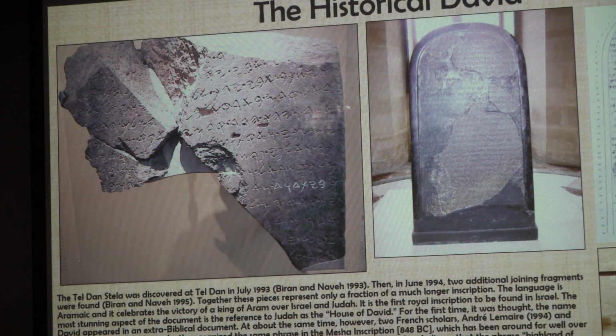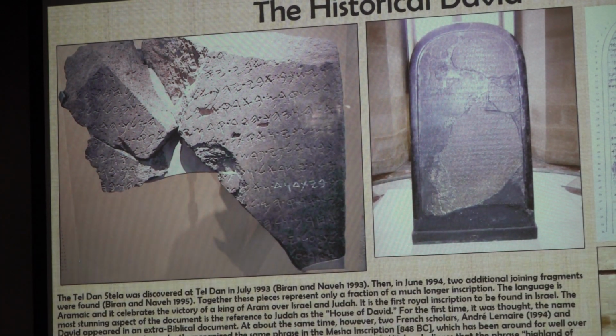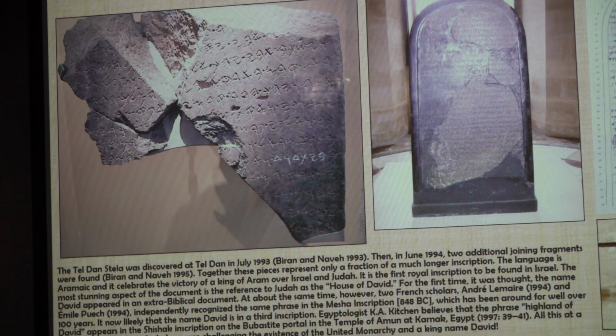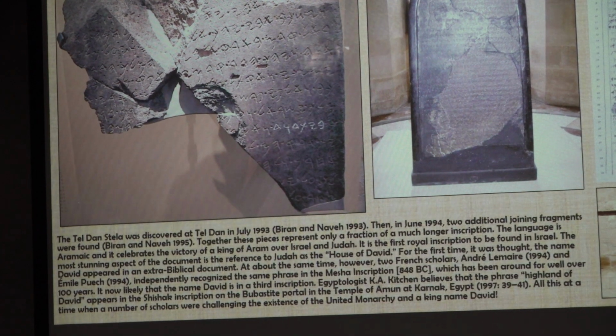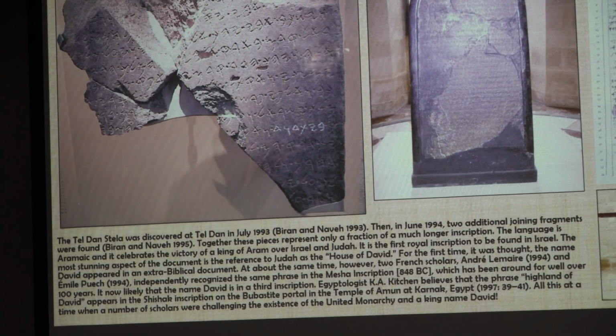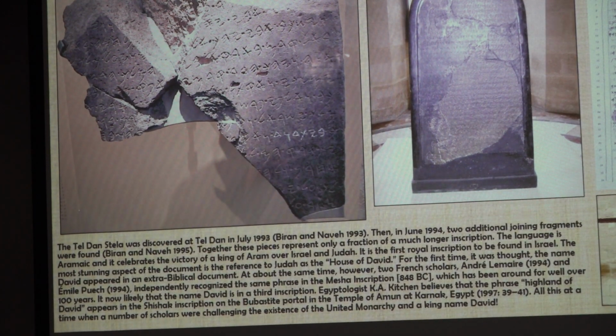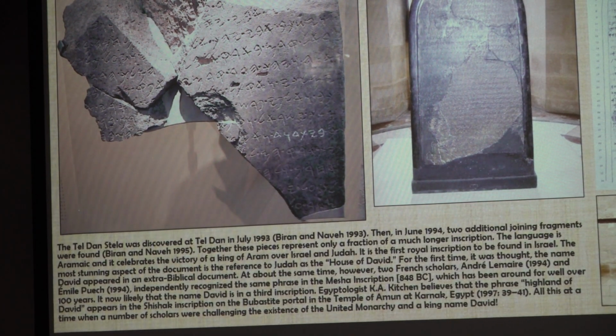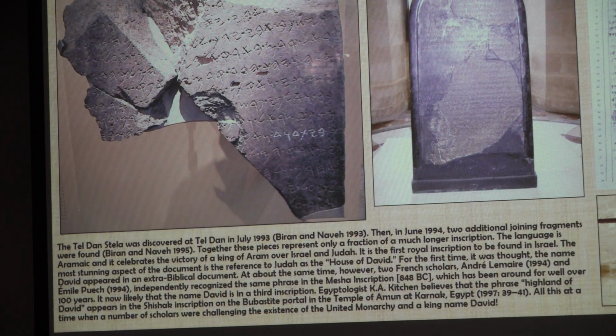So again, you've got essentially a contemporary document from a non-Israelite source mentioning not necessarily King David, but the house of David, the Davidic dynasty. And so that really proves, under any circumstances, it has to prove that there was a historical David. And so all of the work of Philip R. Davies and his quote that David is about as historical as King Arthur falls flat on its face.